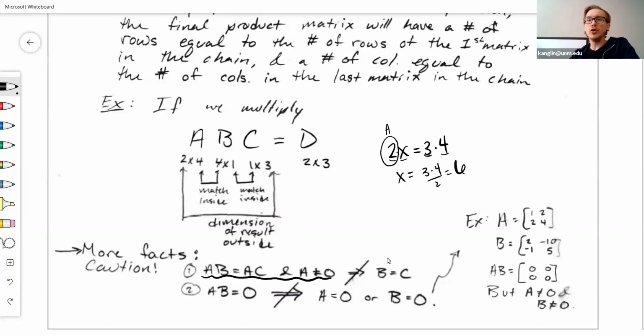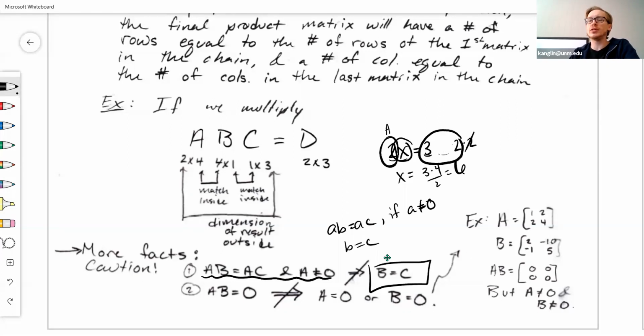A necessary fact here was that dividing this off meant dividing it off from the other side. And what's here must have been what remains here, 2 times 3. So in general, for numbers, it does hold that I can take an equation like this, and if A doesn't equal 0, I can divide it off from both sides and see B equals C. That's not true for matrices.